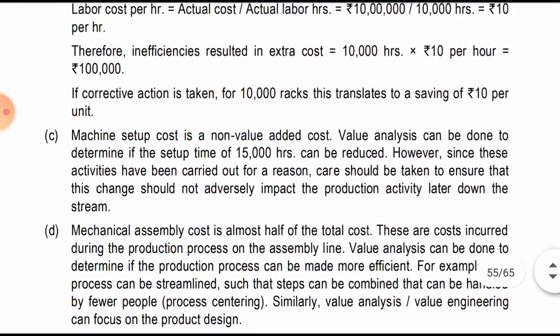Then machine setup cost is a non-value added activity. The value analysis can be done to determine if the setup time of 15,000 hours can be reduced. However, since this activity has been carried out for a reason, care should be taken to ensure that these changes do not adversely impact the production activity later down the stream.